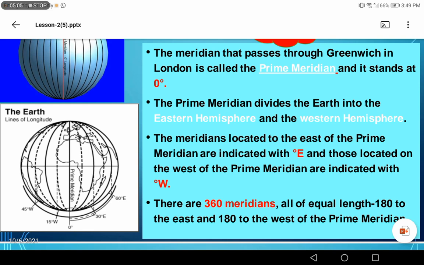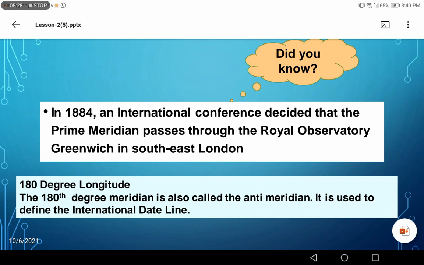The meridians located to the east of the prime meridian are indicated with degree E, and those located to the west of the prime meridian are indicated with degree W. There are 360 meridians, all of equal length, 180 to the east and 180 to the west of the prime meridian. Did you know, in 1884 an international conference decided that the prime meridian passes through the Royal Observatory, Greenwich in southeast London.